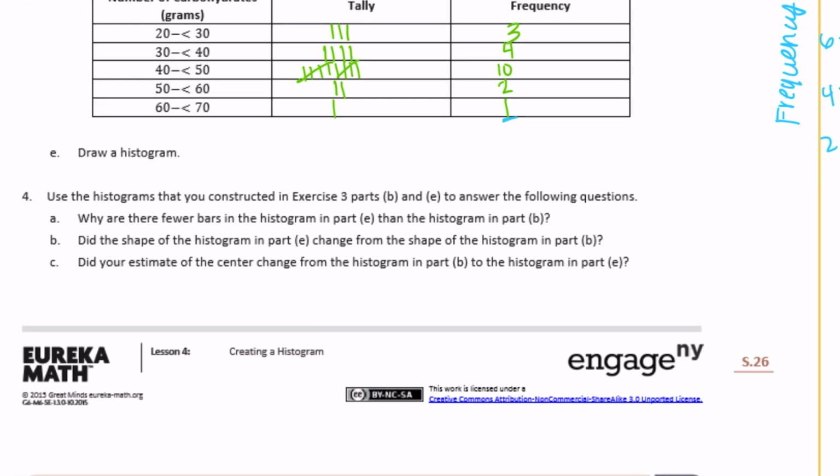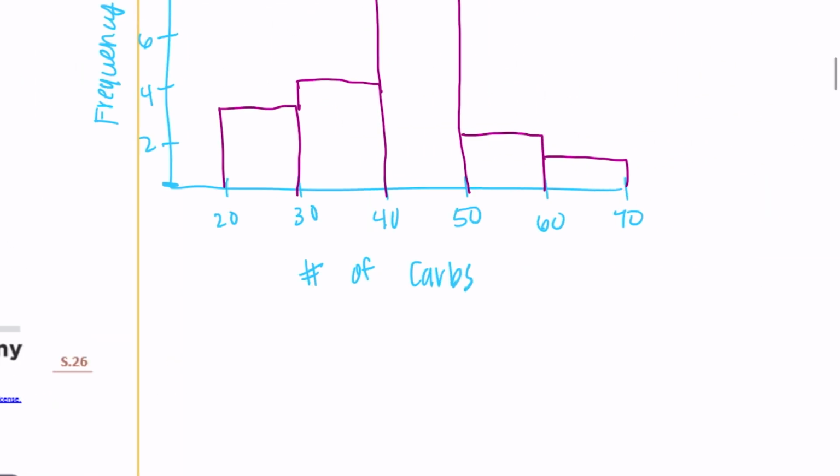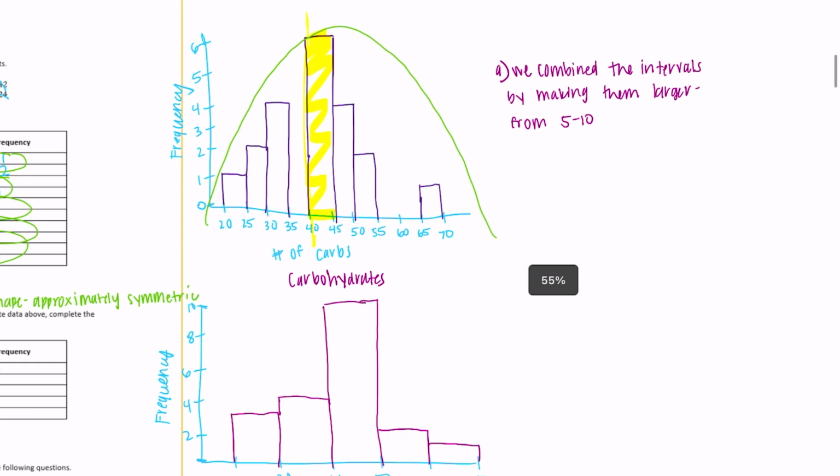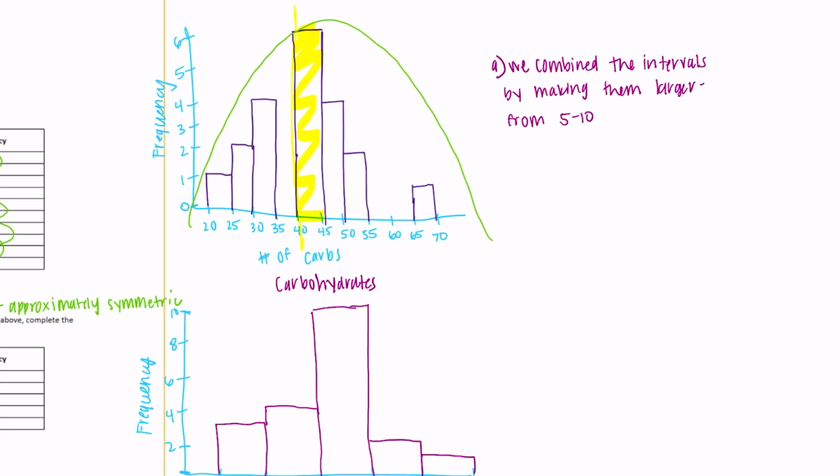B. Did the shape of the histogram in part E change from the shape of the histogram in part B? So looking at both of these, did the shape change? So I already drew the shape there. So here, I would say generally no, it didn't really change. It's still basically approximately symmetric.